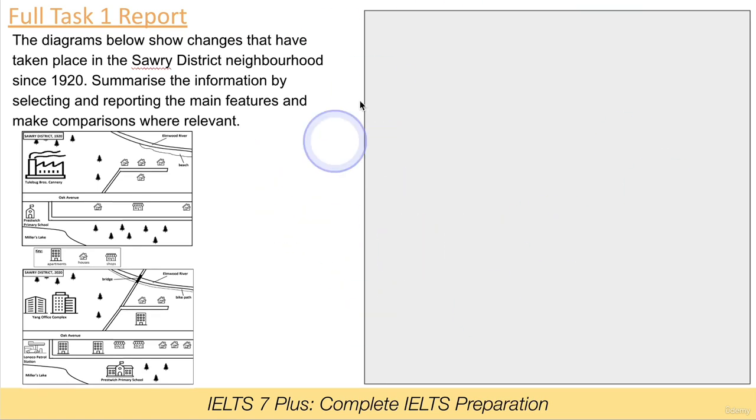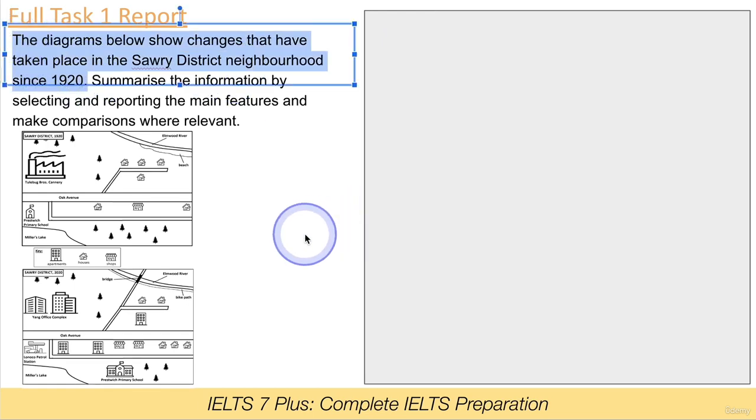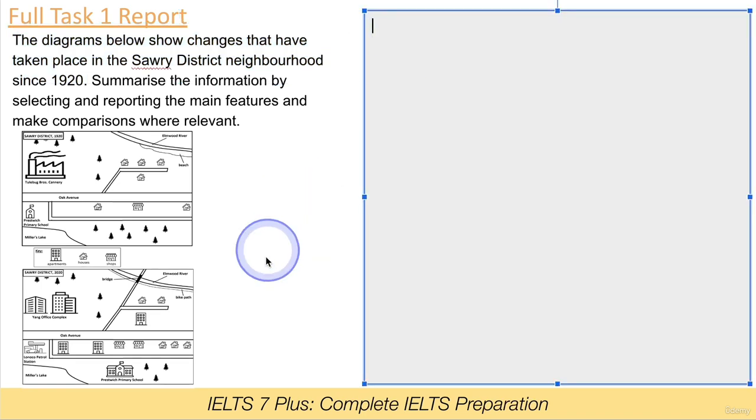Okay then, so if we go to the write-up here, I'll show you how to put this all together for this question. First thing we need to do is paraphrase this first statement here. The diagrams below show changes that have taken place in the Sowry district neighbourhood since 1920.